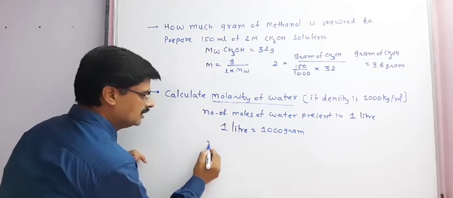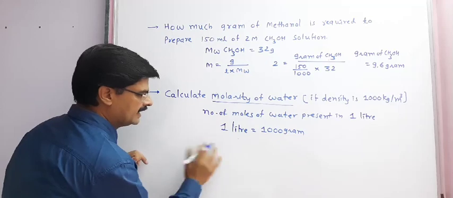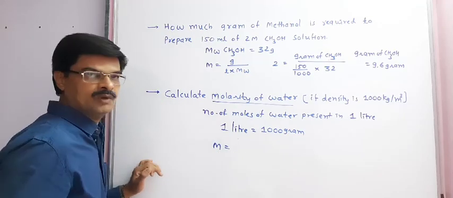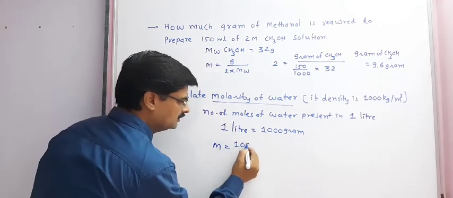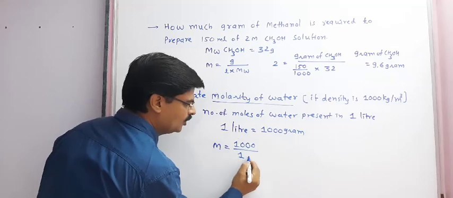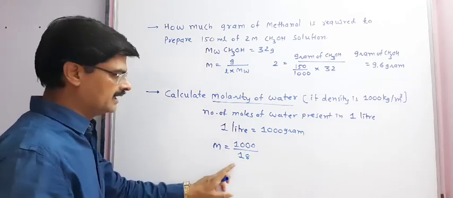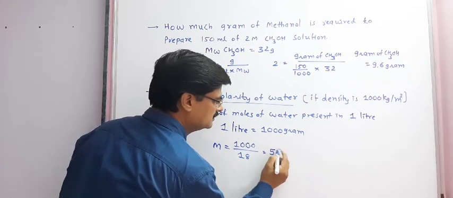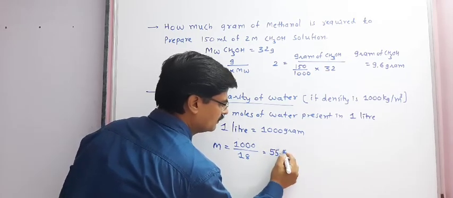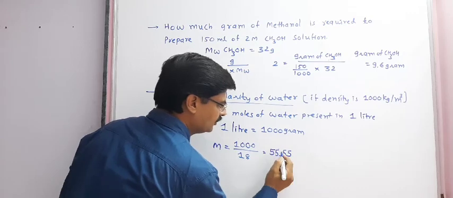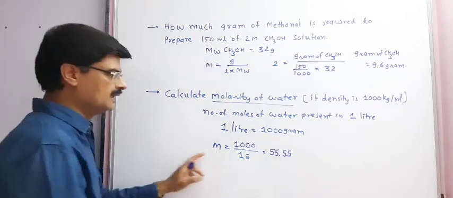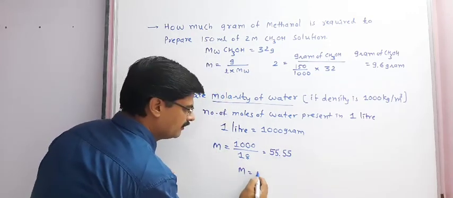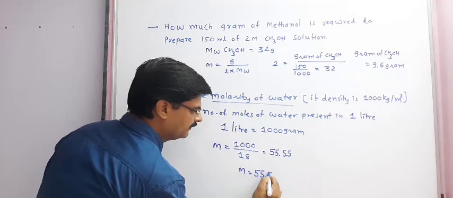Therefore, the number of moles, that is molarity, is equal to 1000 divided by molar mass of water, 18. We will get 55.55. So once more, molarity of water is 55.55.